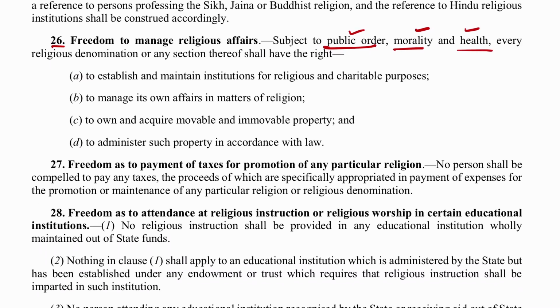So what are the rights of these religious groups? How are they allowed to manage their religious affairs? They can establish and maintain institutions for religious and charitable purposes. This is allowed to them. कि अगर उनको कोई चैरिटी करनी है या कोई भी religious purpose के लिए वो कुछ भी institution खोलना चाहें, they can do.